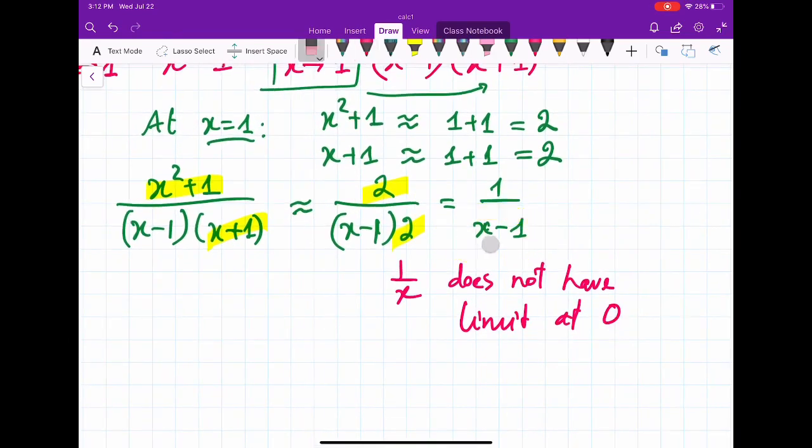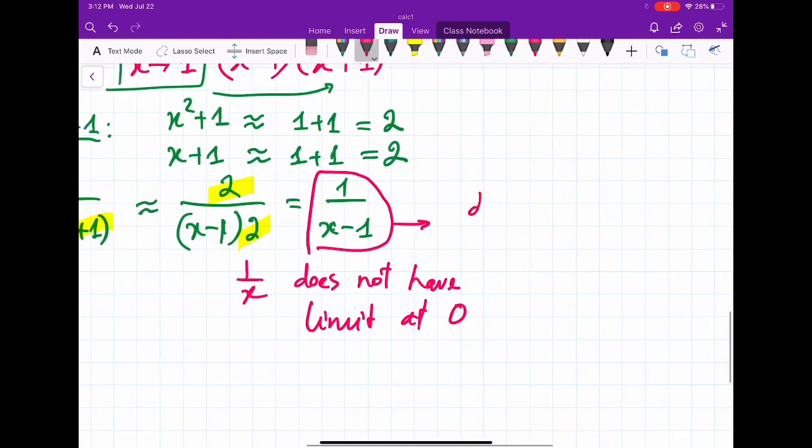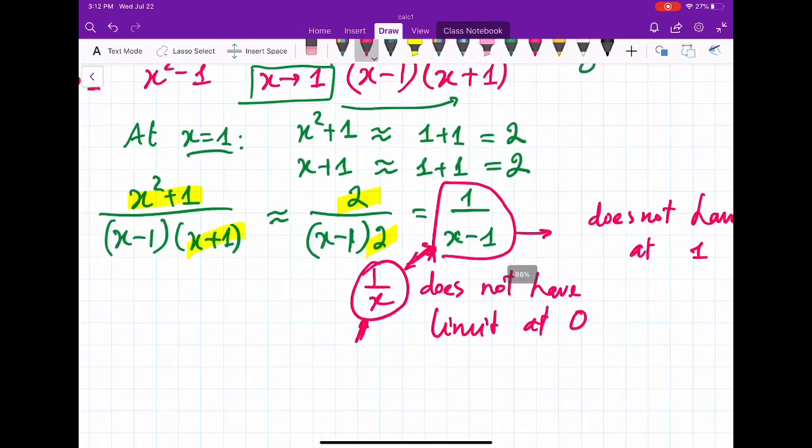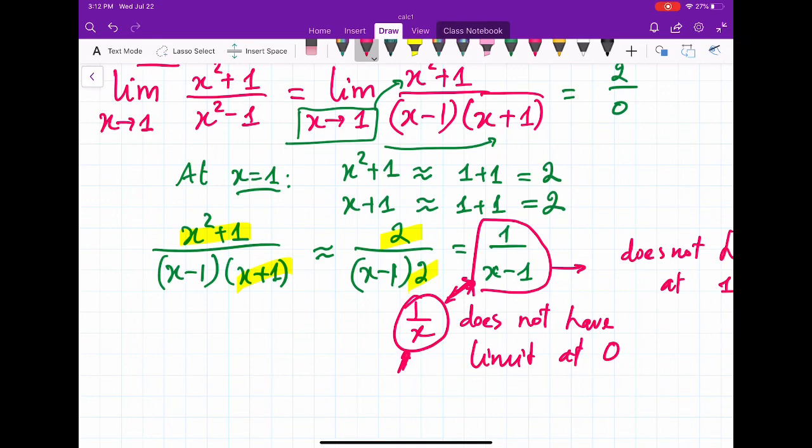Then, if you shift, if you move this function to the right by 1 unit, this function does not have a limit at 1. Of course, you may obtain this function from this one by moving the graph to the right by 1 unit. So in this case, the function 1 over x minus 1 has a vertical asymptote x equal to 1.